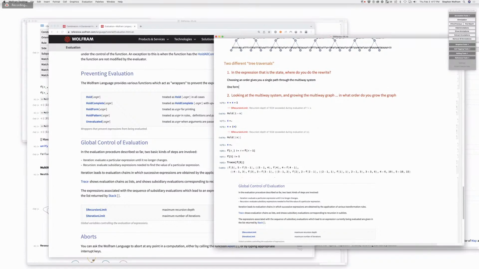One form of specification would be the language of tree traversal order. In a sense, tree traversal order, i.e., taking the first rewrite in the traversal order.